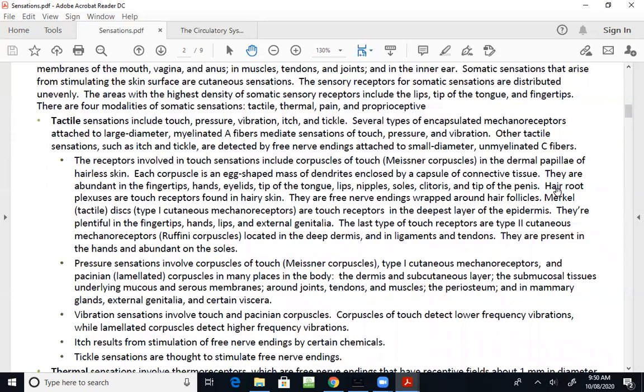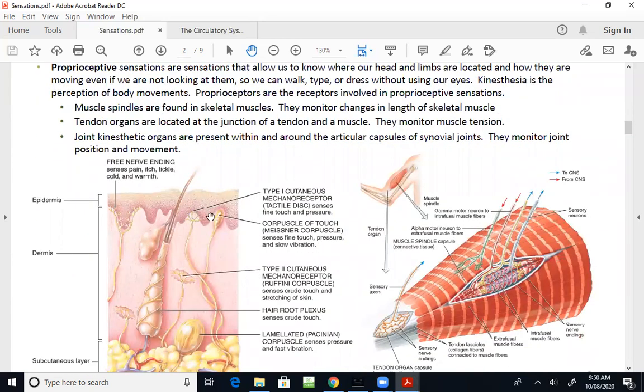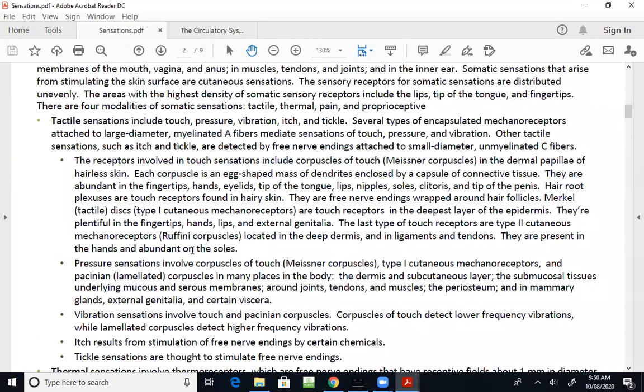So, as we've talked about these before, they're free nerve endings wrapped around hair follicles. Merkel or tactile discs, type 1 cutaneous mechanoreceptors, as they're also known, are also things we've talked about before. Touch receptors in the deepest layer of the epidermis, plentiful in the fingertips, the hands, the lips, and the external genitalia. Those are labeled right there. So some of this stuff we've seen before back when we talked about the skin.